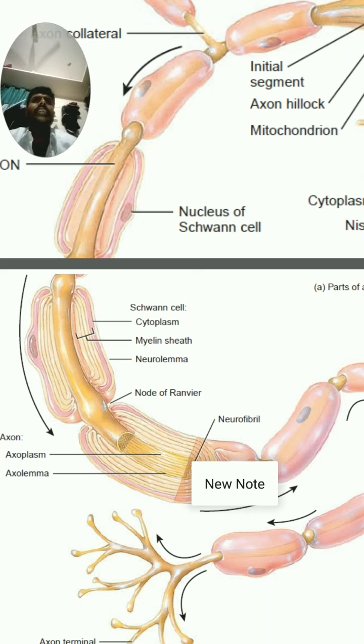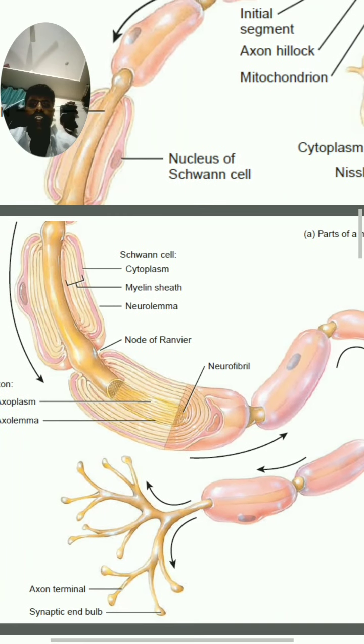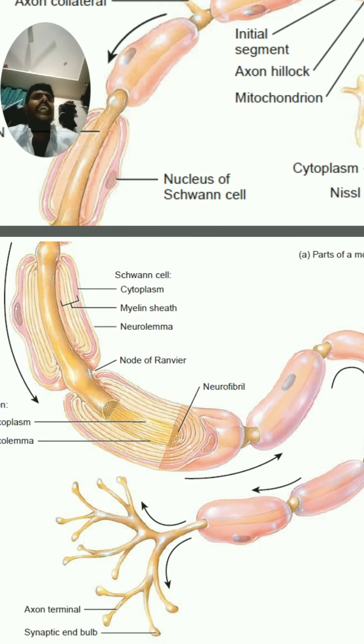The end of the axon divides into fine structures called telodendria. The site of communication between two neurons or between a neuron and an effector cell is called a synapse. The tips of the axon terminals swell into bulb-shaped structures called synaptic end bulbs. Others exhibit a string of swollen bumps called varicosities.